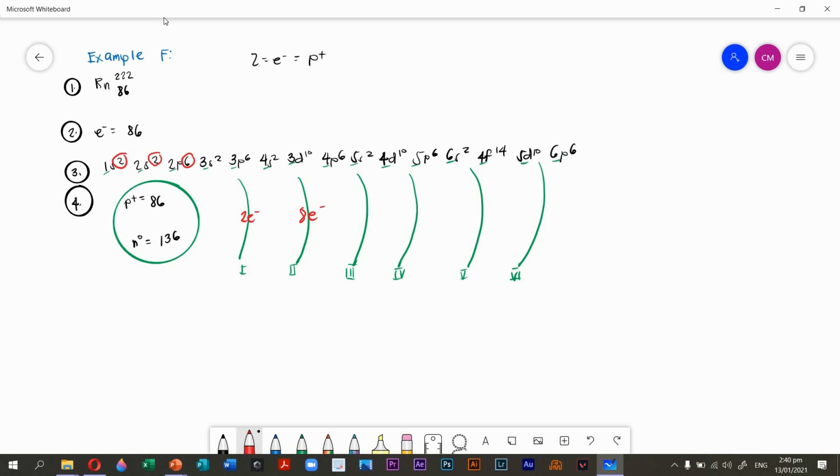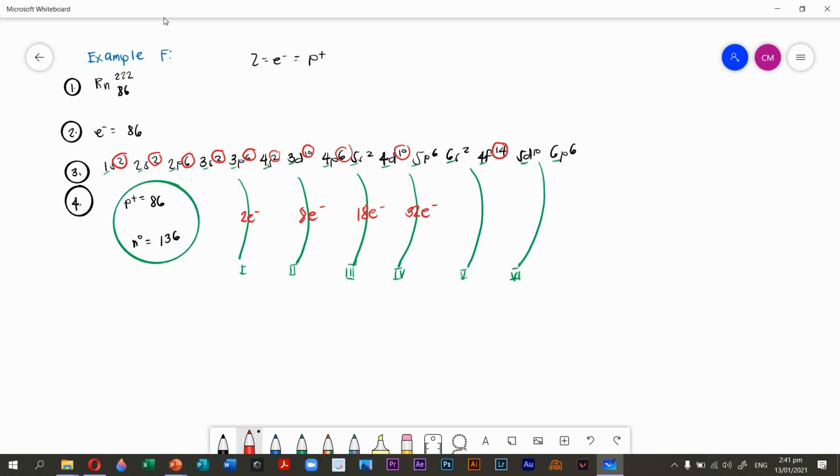For the third energy level, there is 3s2, 3p6, and 3d10. So there will be 18 electrons. For the fourth energy level, there is 4s2, 4p6, 4d10, and 4f14. So 2 plus 6 is 8, plus 10 is 18, plus 14, it will be 32. Tama ba?